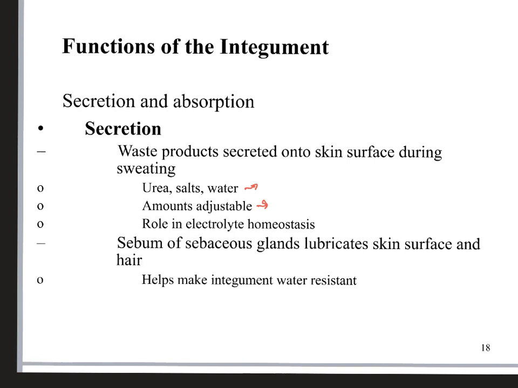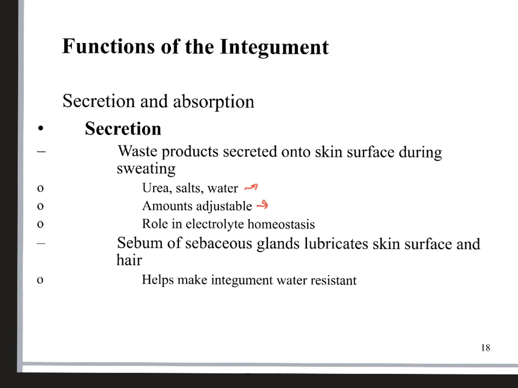But depending upon the status of the body, it can change, right? We can increase the amount of salt based upon the hydration status of the individual. So you have a number of different things that can alter: increased urea, increased salt concentration based upon hydration status, based upon the electrolytes that are present, etc.